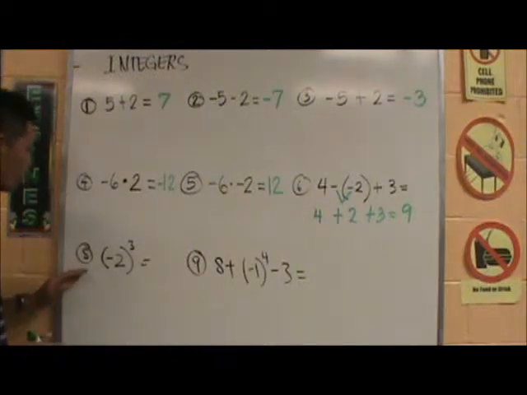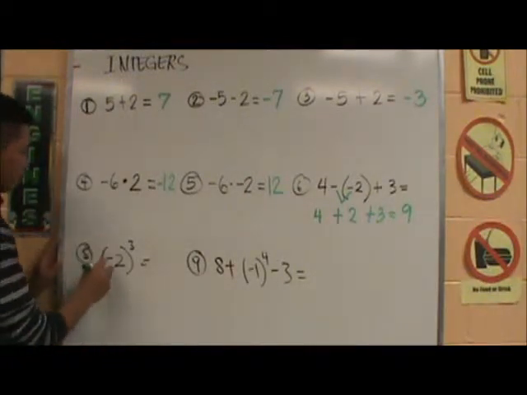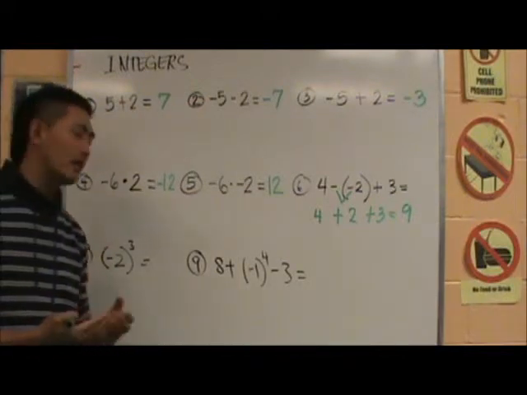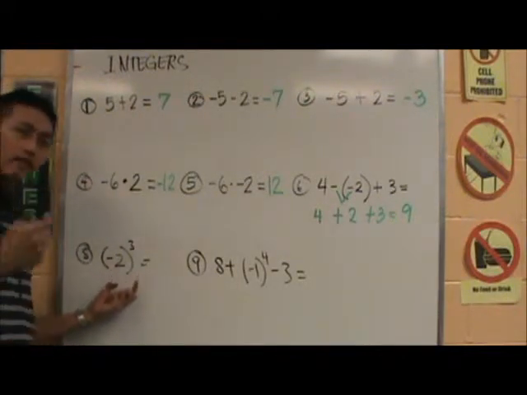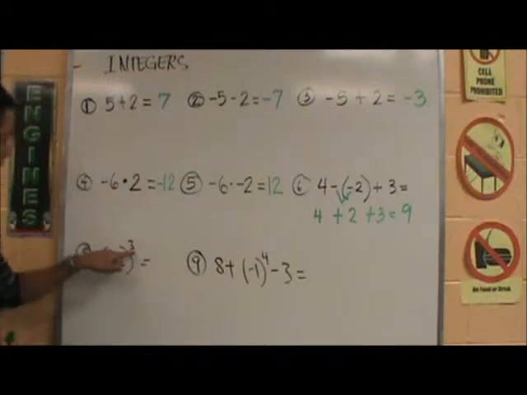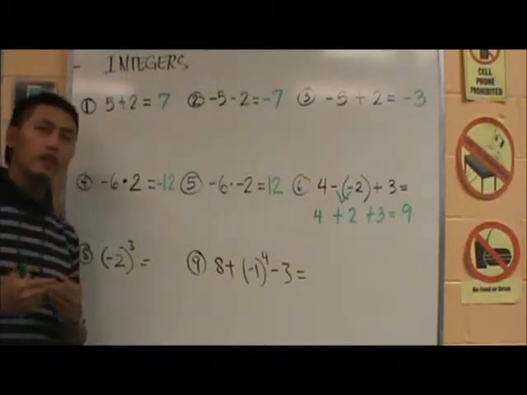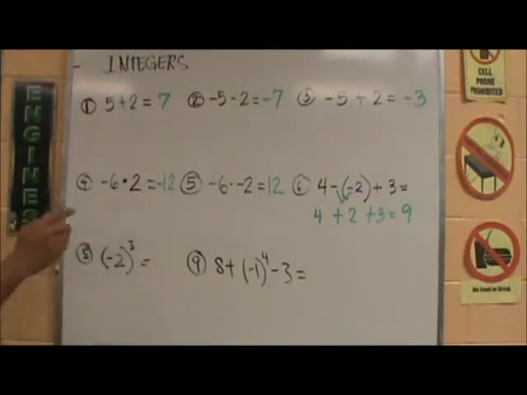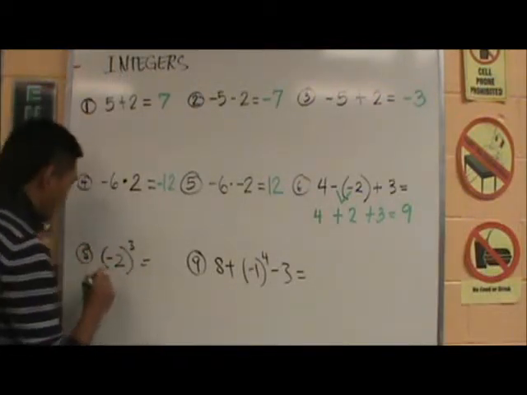Here we go, number 8. For number 8, we have parentheses negative 2 cubed. That means you have to multiply negative 2 by itself 3 times, because that exponent 3 is telling you that you have to multiply your base by itself 3 times. So here we go.